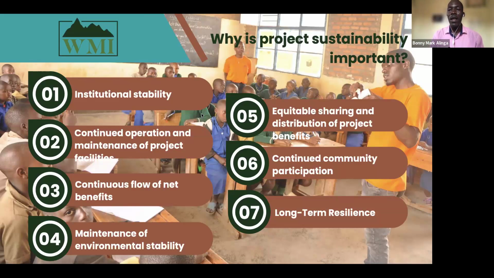For the project to be resilient, you must identify all the avenues, all the areas, all the sources of how the project will be sustaining itself, how you will build an institutional base, how you will build the operation and maintenance, and how it will benefit the facilities, how the net flow will flow. All these just leads you to the seventh point of long-term resilience.